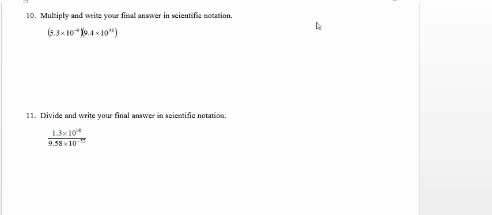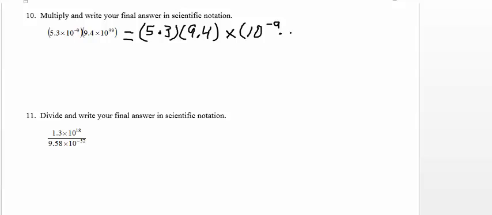So let's look at exercise 10, where I'm going to multiply 5.3 times 9.4, and that's going to get multiplied by 10 to the negative 9th times 10 to the 39th.